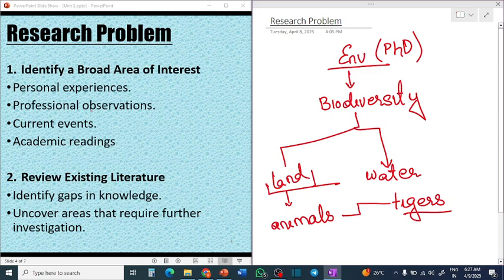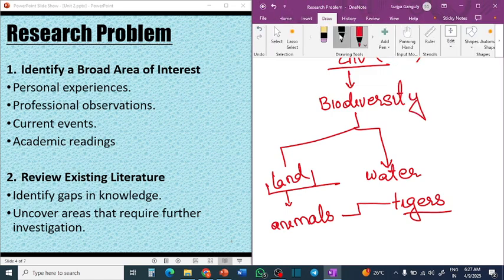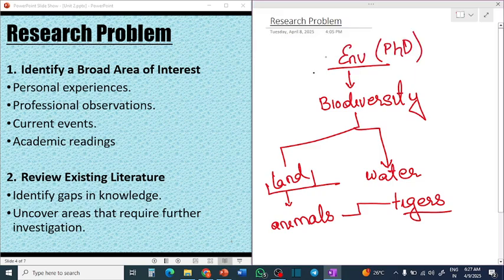So, this is one of the ways in which you have to select a broad area of interest and then narrow it down. First, what have we done in this process? If you see, first will be our subject in which you are doing your PhD. Then you will narrow it down to one of the core areas. In the core areas, many disciplines will be attached. In that, you will select a particular discipline.